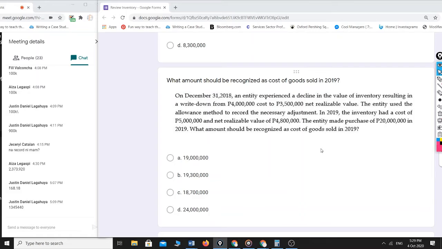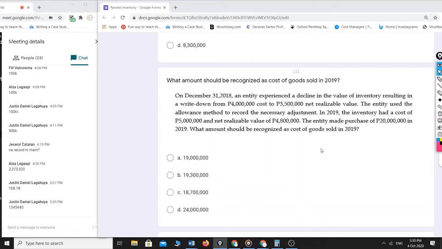Okay, so we debit loss on inventory write down and credit allowance for inventory write down. So as you can see, sa allowance method wala dyan na apektuhan ang inventory account. So that is just the difference.